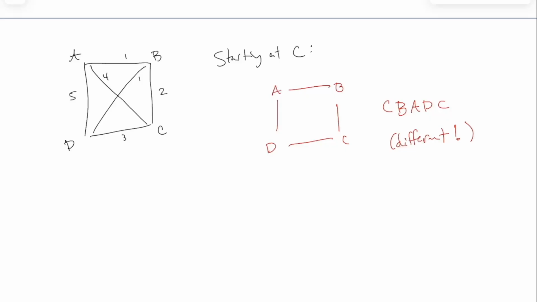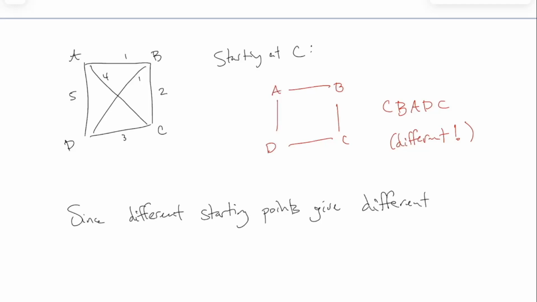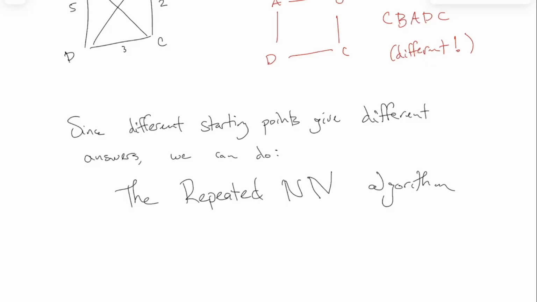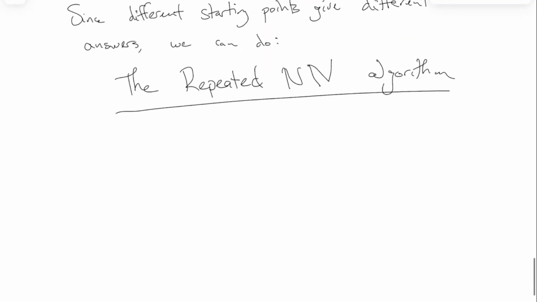Since different starting points give different answers, we can do what they call the repeated nearest neighbor algorithm.